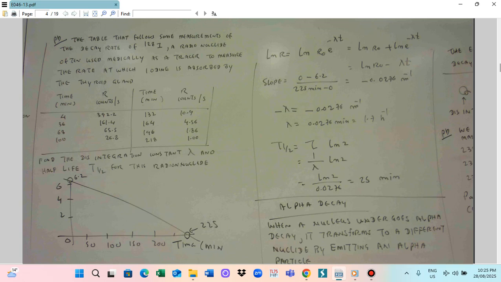Therefore λ is equal to 0.0276 per minute, or 1.7 per hour. The half-life can also be calculated. The half-life T is equal to τ times ln2, where τ is equal to 1 by λ. So ln2 divided by λ, with λ equal to 0.0276, gives 25 minutes.